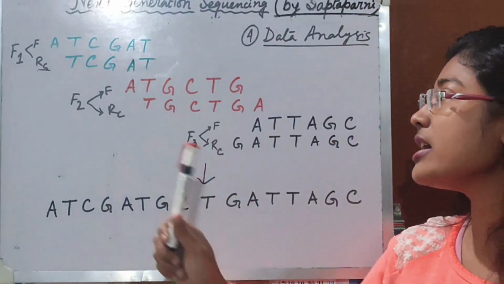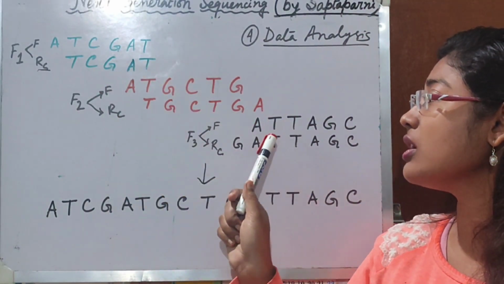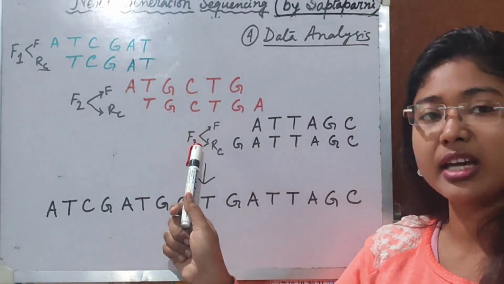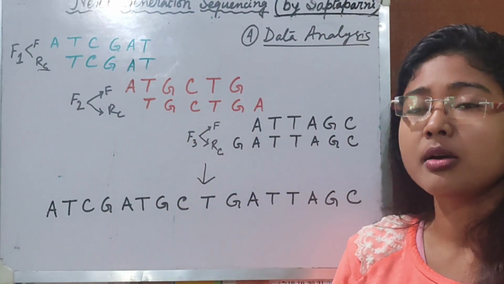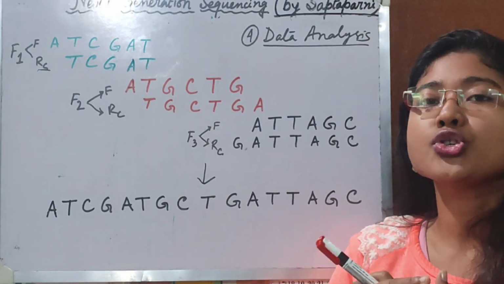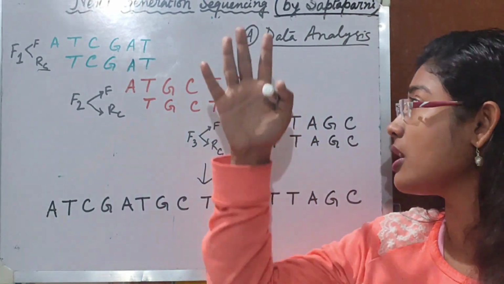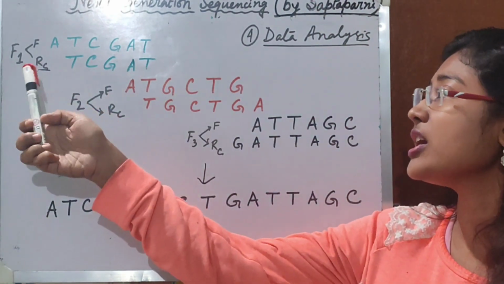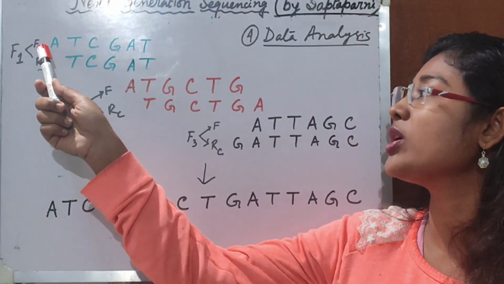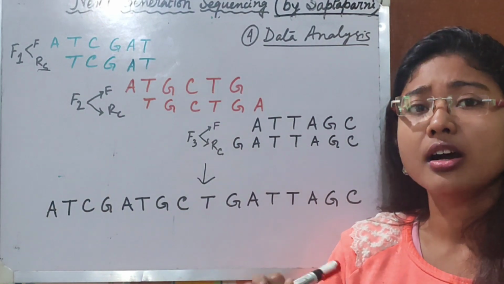So see here, we have arranged the three fragments, F1, F2 and F3. We are just taking the fragments from 3 flow cells because it is not possible to show all the fragments on our whiteboard. For each fragment we have taken the forward strand and reverse strand sequence.